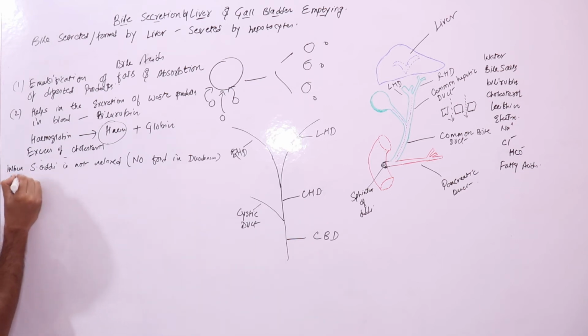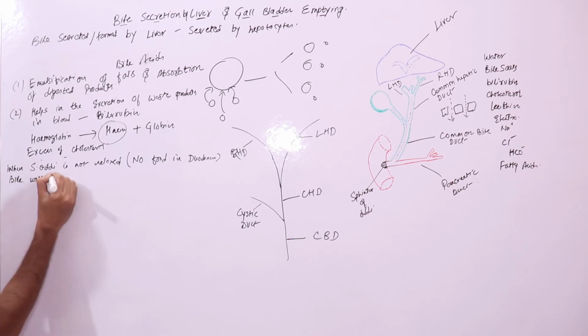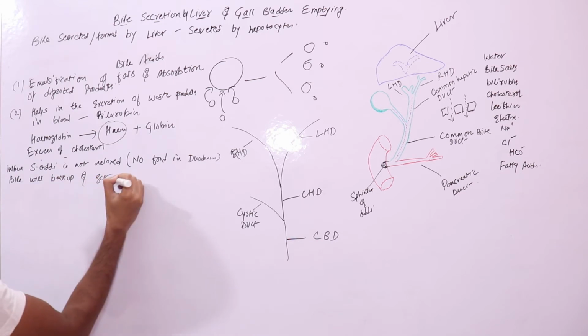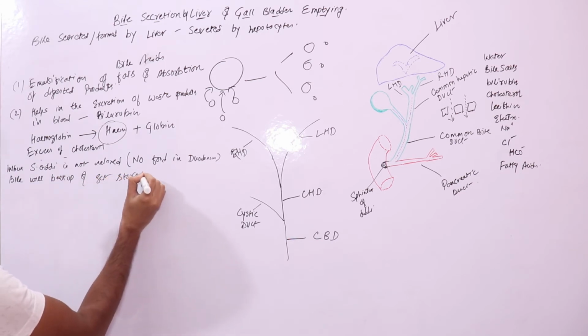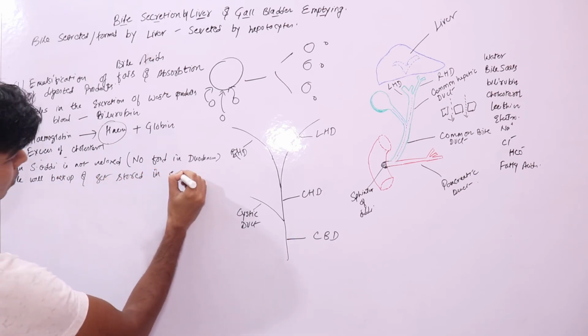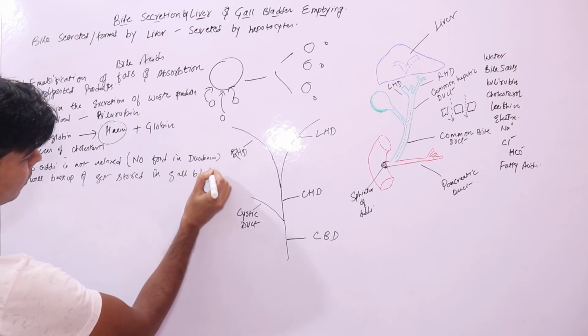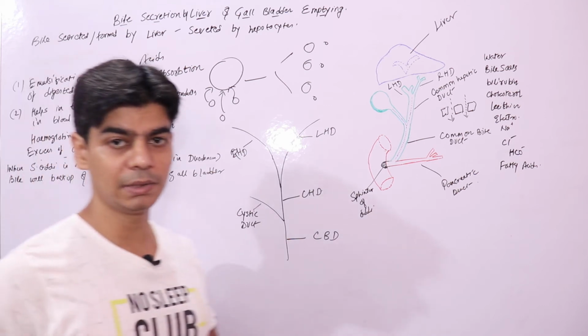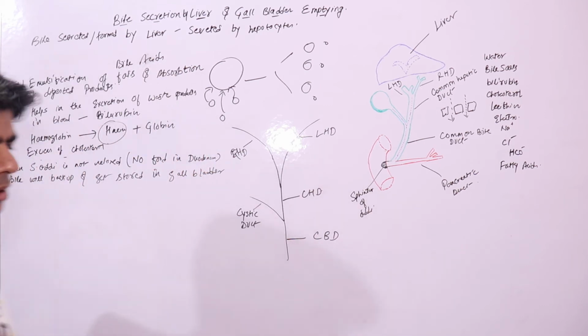So bile will back up and get stored in the gallbladder, right, and the gallbladder can store around 30 to 60 ml of bile, which is a day's secretion.